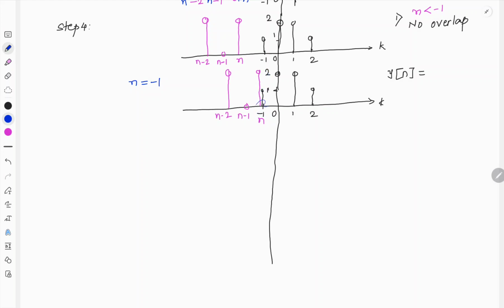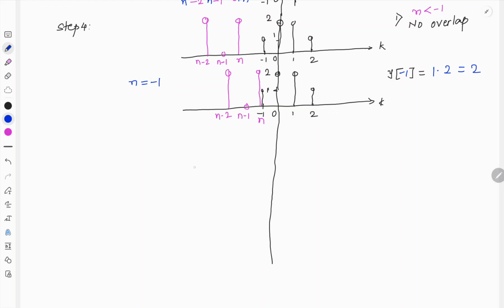So these two samples are overlapping, hence this multiplication will exist. So x will be 1 and h is 2. The value of n is now minus 1. So y of minus 1 is 1 into 2, which is equal to 2.